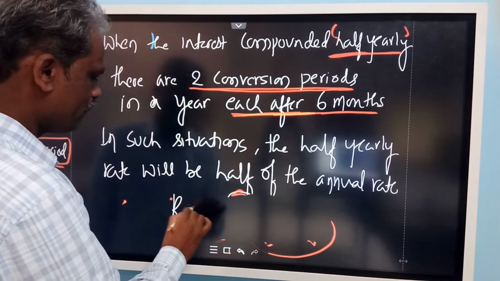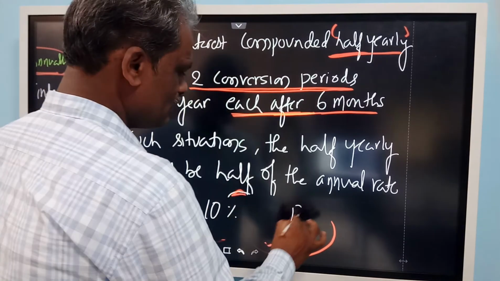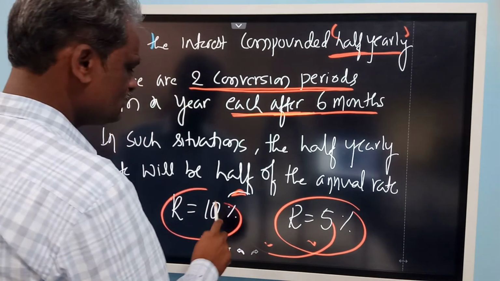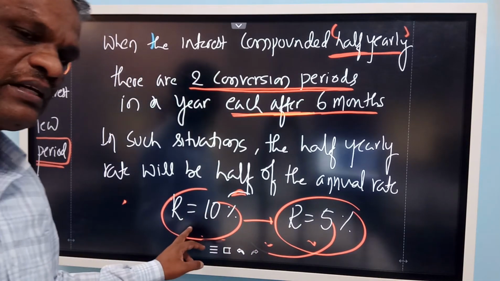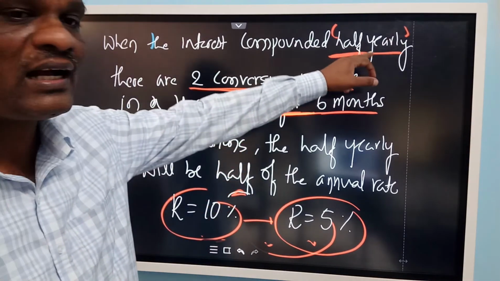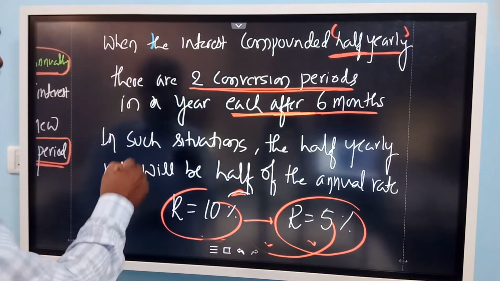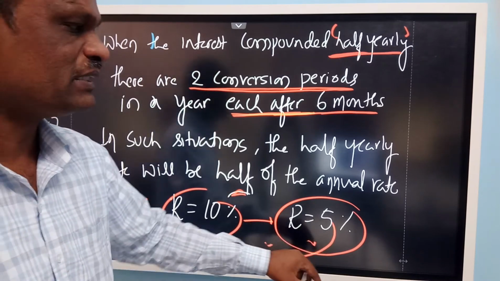Suppose the rate in the previous example is 10% per annum. Now for half yearly it becomes 5%. The rate also should change because it is a half yearly calculation. If they give a rate of 10% per annum, then since it is a half yearly calculation, you have to convert this. Keep in mind, very important. So changing the rate, if it is half yearly, 5%.